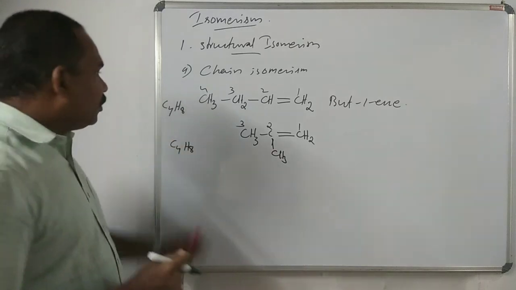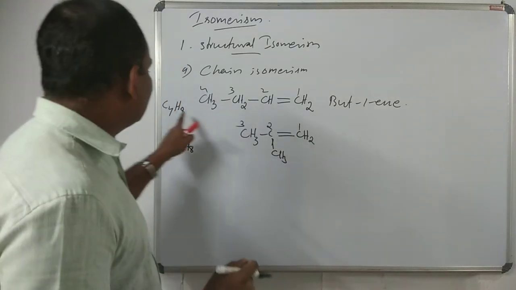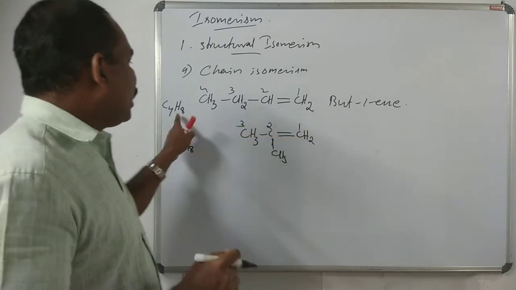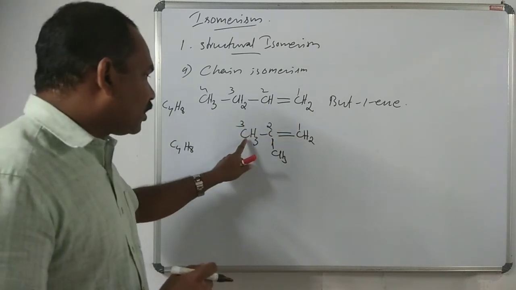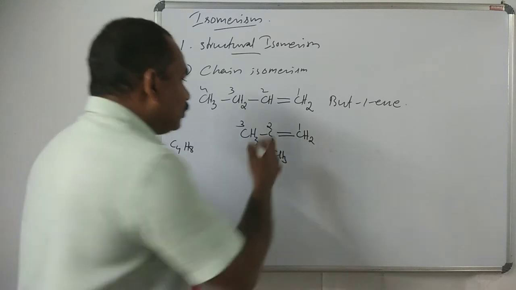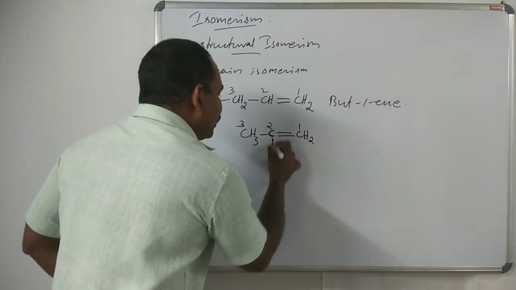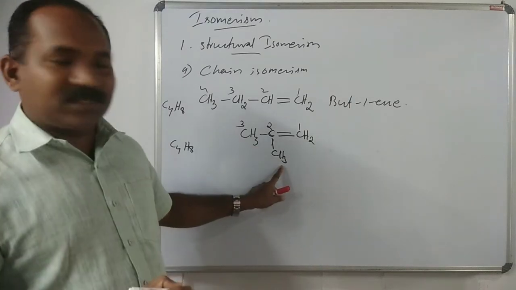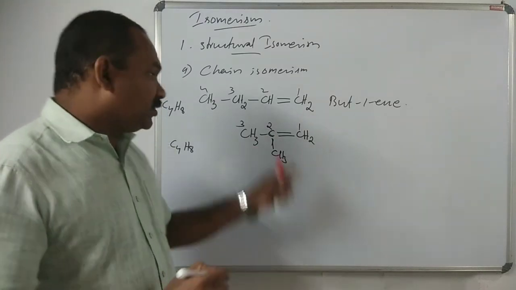Here also C4H8. Okay, 4 carbon atoms, 3 plus 2, 5 plus 1, 6 plus 2, 8 hydrogen atoms. Here you count it, 1, 2, 3, and the 4th carbon, 4 carbon atoms, 3 plus 3, 6, 6 plus 2, 8. What is this molecule?